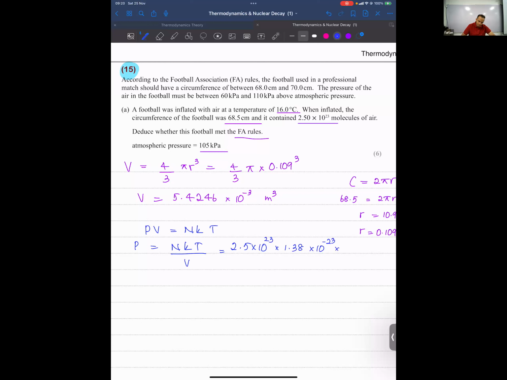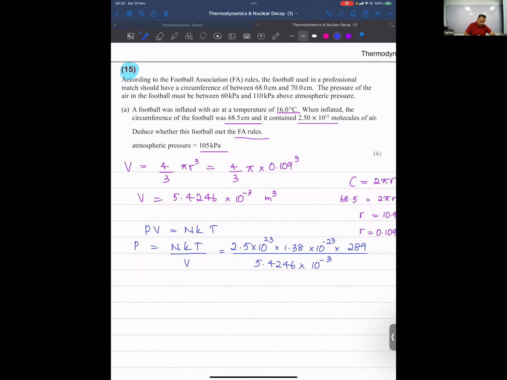Temperature is 16 degrees Celsius, which is 273 plus 16, 289 Kelvin. Over the volume we just found, 5.4246 times 10 to the power minus 3.